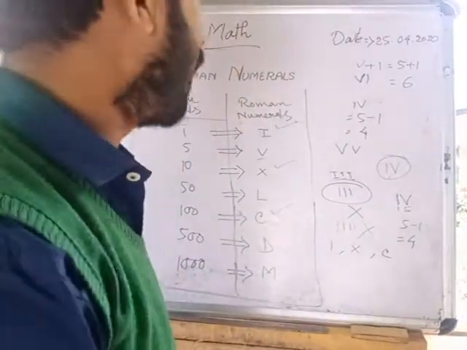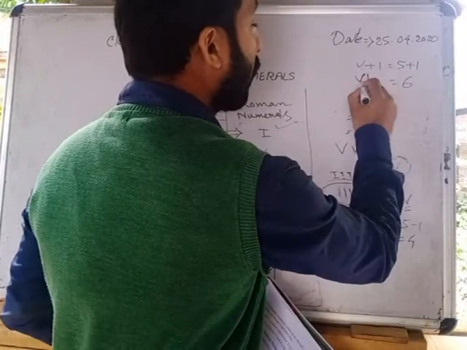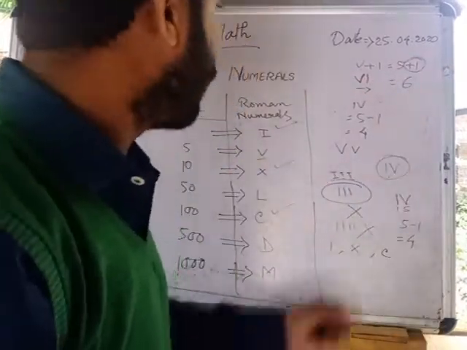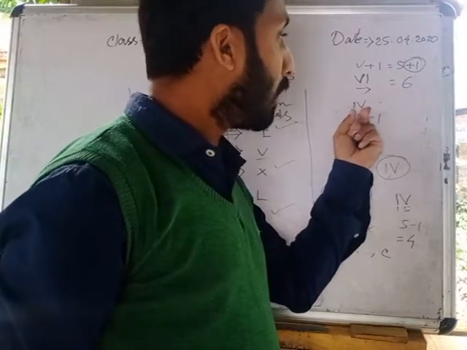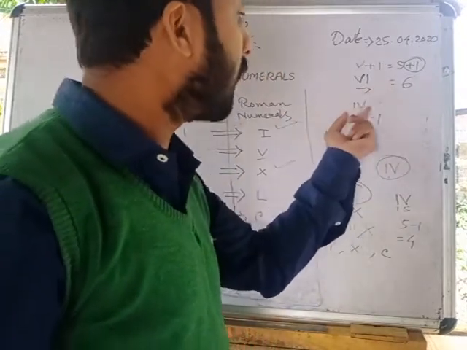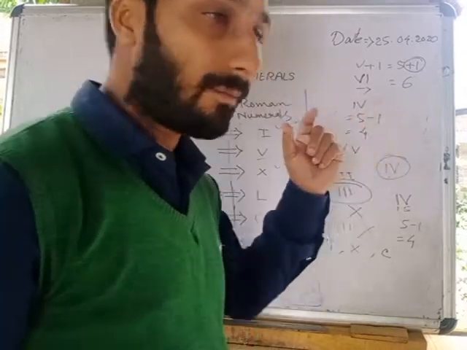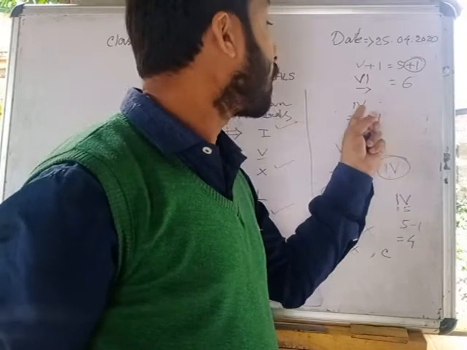Do you understand? I will tell it again. If we write the smaller number on the right side, then we add. If we write the smaller number behind the bigger number, on the left side of the greater number, at that time we subtract the smaller number from the bigger number.